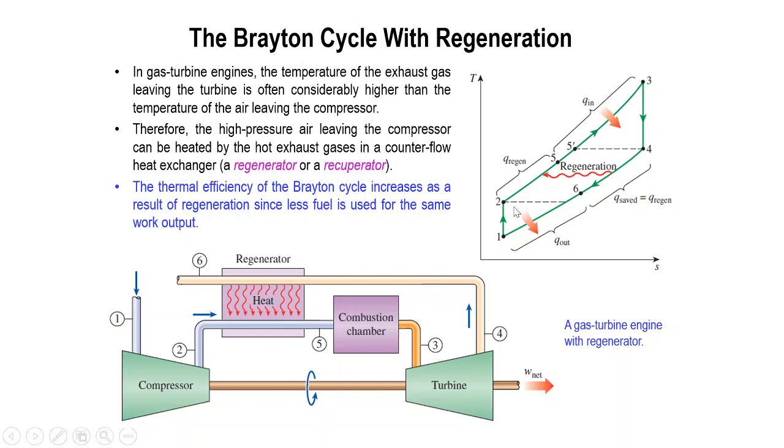Compared to before, the entire 2 to 3 was heat being added. So only half of the heat is needed to produce the same efficiency. From this, we have Q save, which is the same as the heat being regenerated. So that is the basic idea of the Brayton cycle with regeneration.